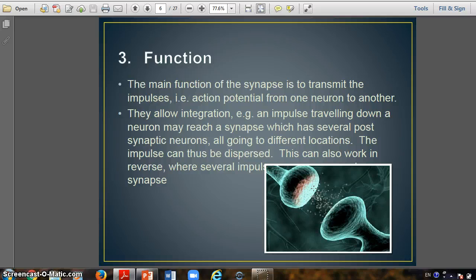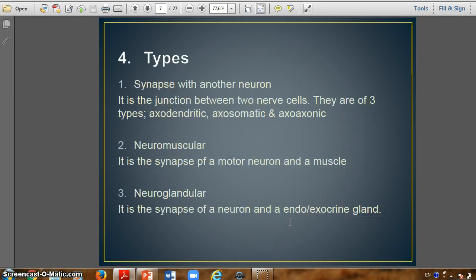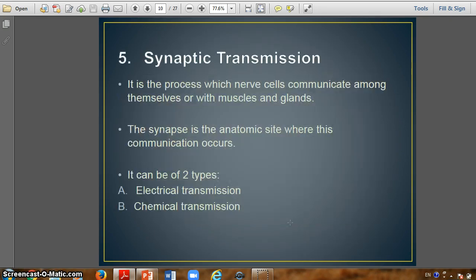So what is the function of this synapse? Very simple, just to transfer or transmit the information, and that takes place through different mechanisms like electrical and chemical transmission. So there are two types of synaptic transmission: electrical transmission and chemical transmission.